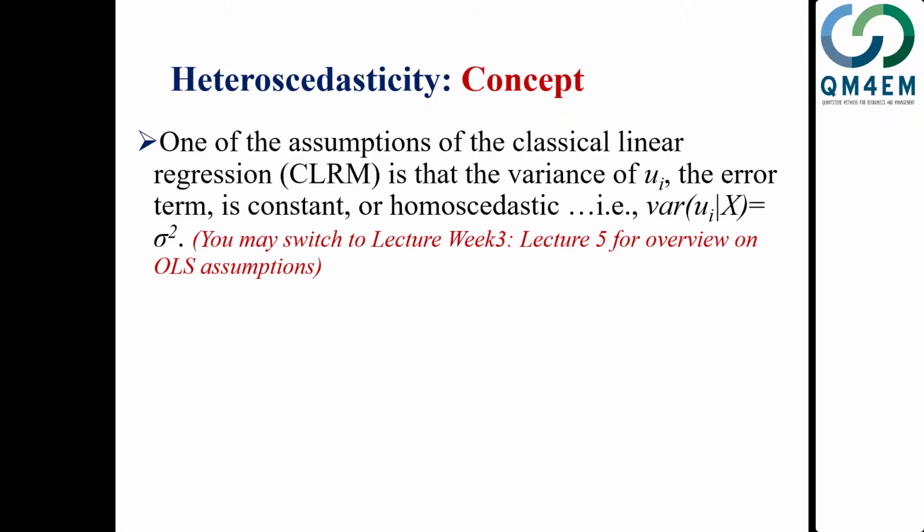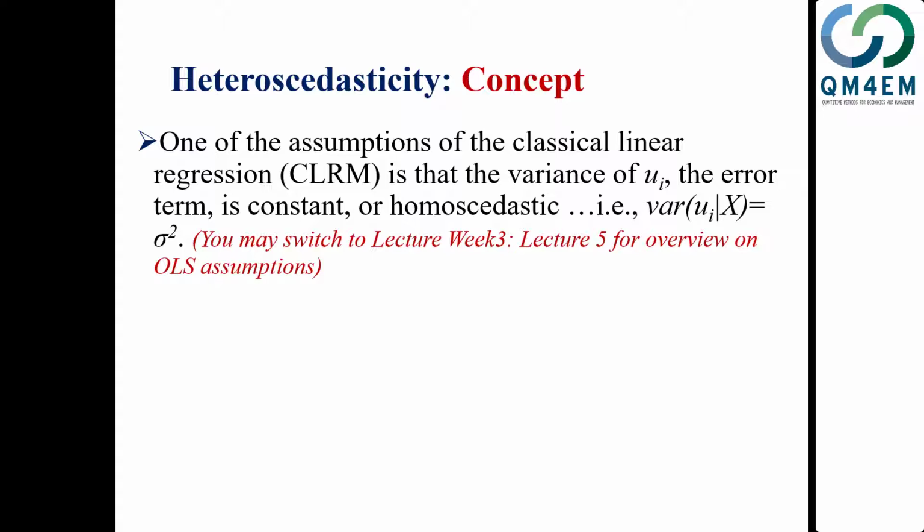The concept of heteroscedasticity is straightforward. There are a number of assumptions of the classical linear regression model or the ordinary least squares method, and one of these major assumptions is that the variance of the error term of the regression model should be homoscedastic or constant.